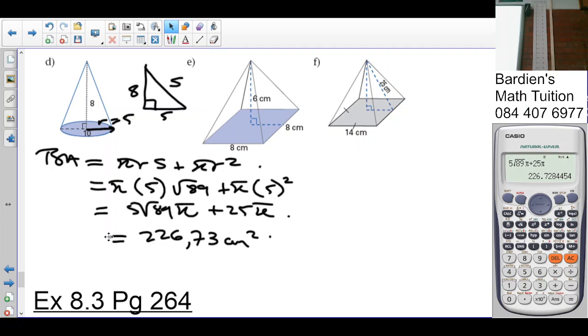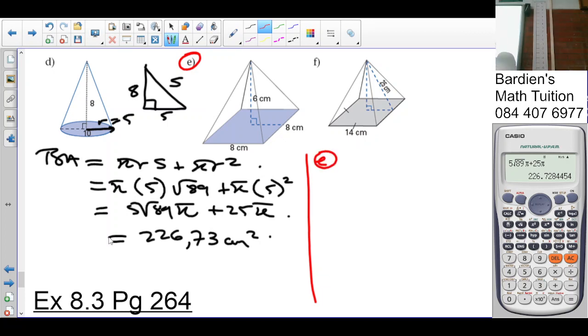Okay. The next one is E. You've got a pyramid here. The surface area of the pyramid. It's a square base pyramid, not so? So there are 4 triangles. How do you calculate the area of a triangle?